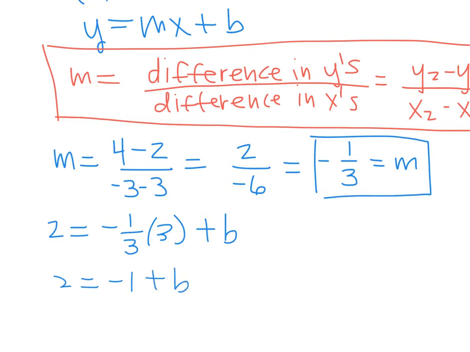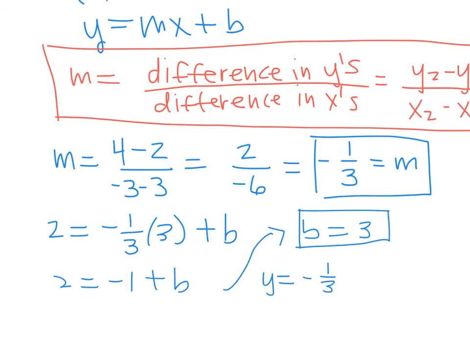So we get b equals 2 plus 1, so b equals 3. And those are the 2 pieces that we need, the m and the b, to write the equation of that line. So we get y equals negative 1/3 x plus 3.